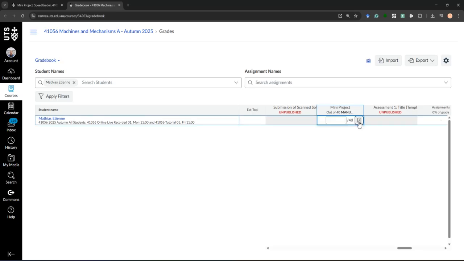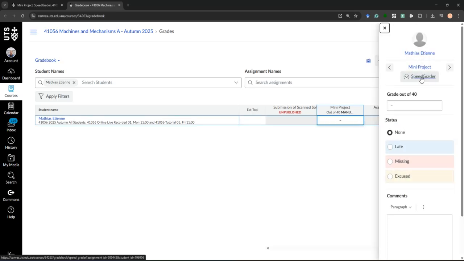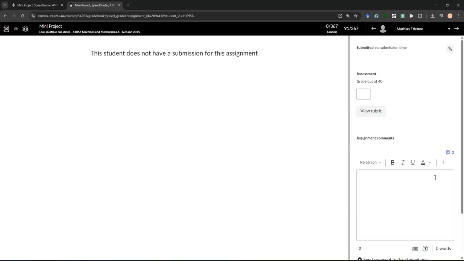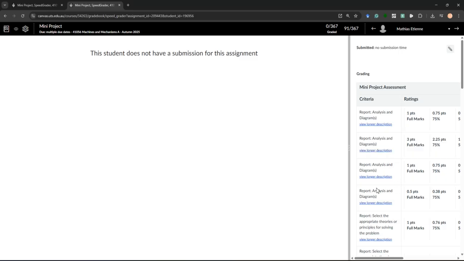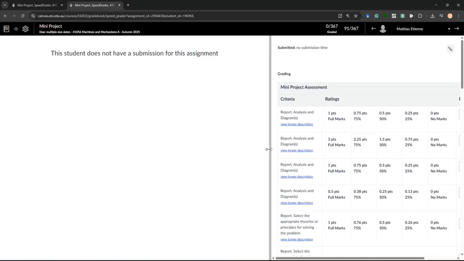Remember that we have one submission per group. Let me check if the rubric is going to show up. View the rubric. Just remember that we're not going to use the rubric.